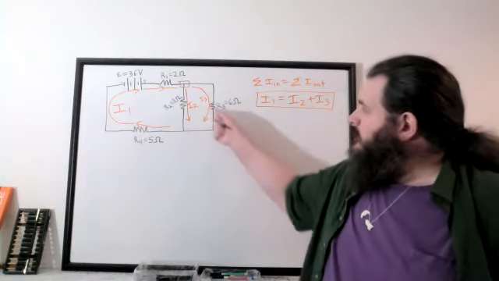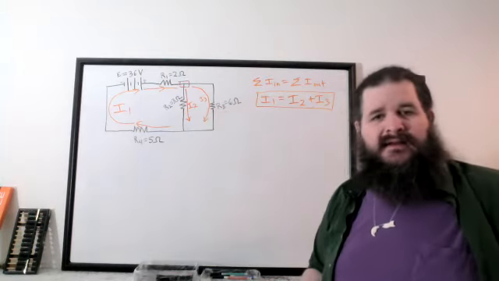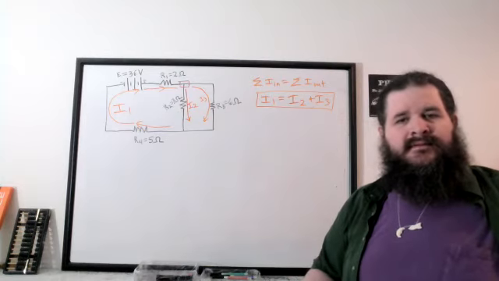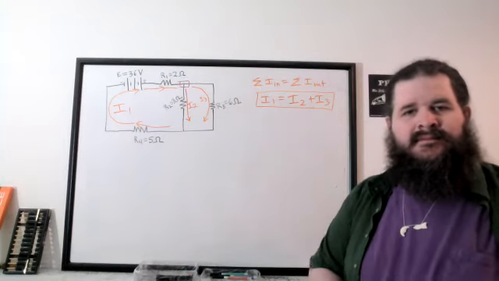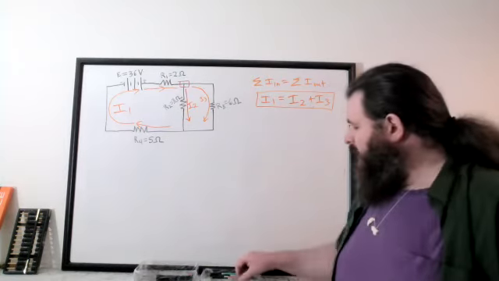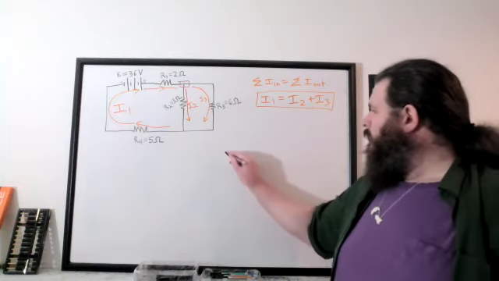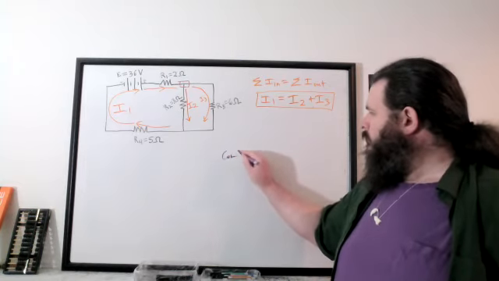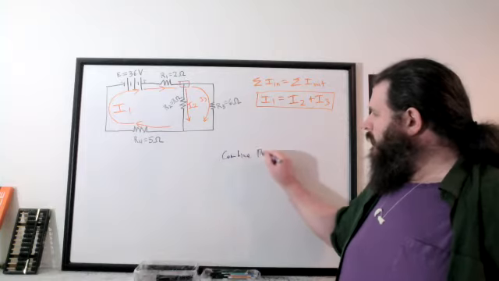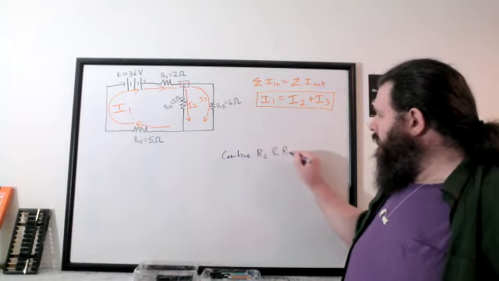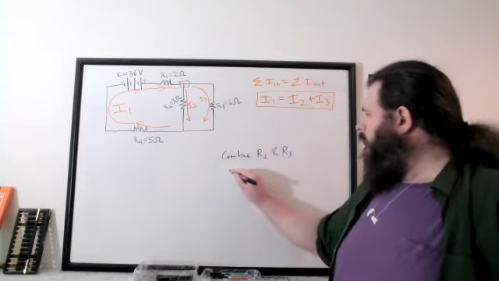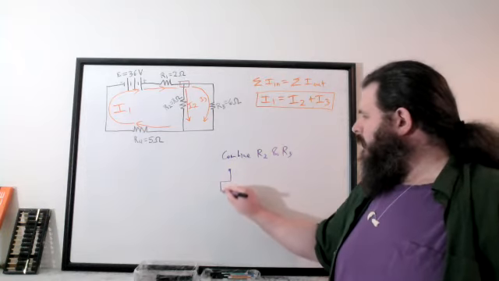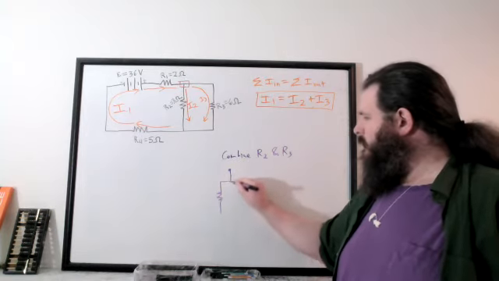Yeah, resistor 2 and resistor 3 are in parallel. And that means we can combine them. So we can combine R2 and R3. R2 and R3 are definitely in parallel.